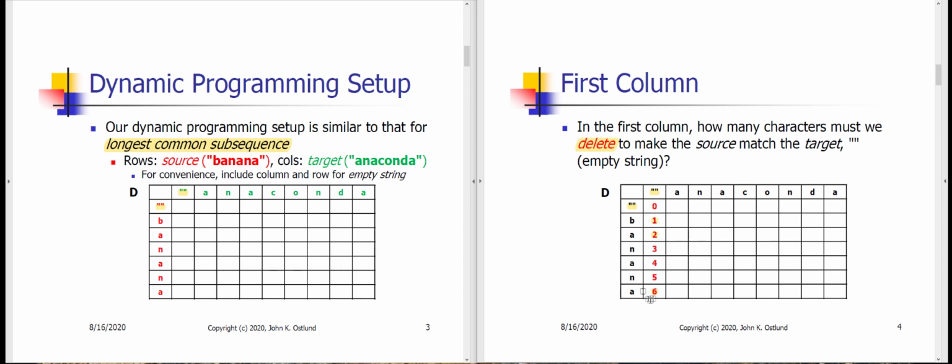So if we have as our prefix of the source string the entire string banana, we're going to end up having to do 6 delete operations to make that source string look like the empty string target. Okay, now the first column, that was filling in the number of editing operations for the first column.